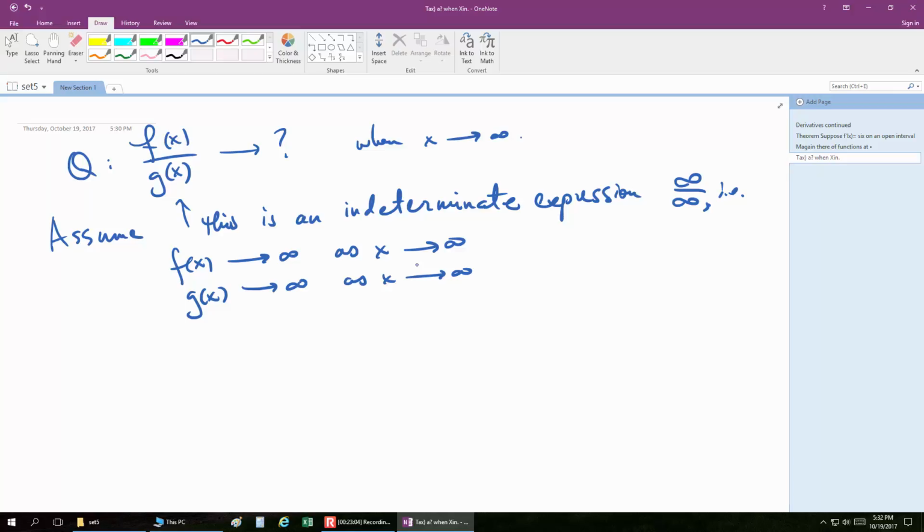And then this is how we resolve the indeterminate expression. Our limit, f of x over g of x, is in fact equal to the limit of the derivatives.